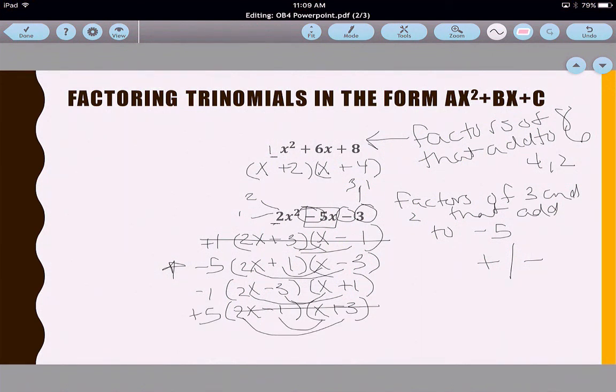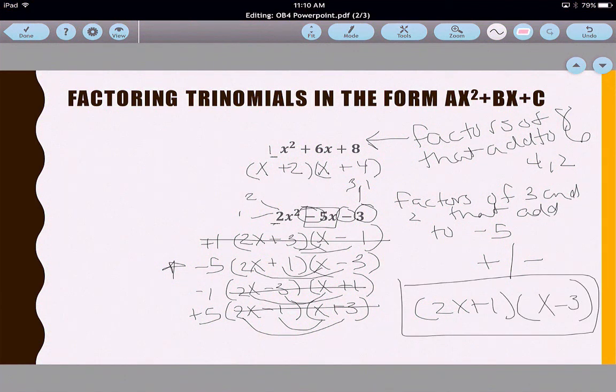So we know we can cross both of these out, and that my final answer is 2x plus 1 and x minus 3. Again, we found this by looking at the factors of 3 and 2 that subtract to negative 5, and then we played with our signs. We knew we needed one positive and one negative, and then we made them fit so that when we were to FOIL back through, we got our original polynomial.